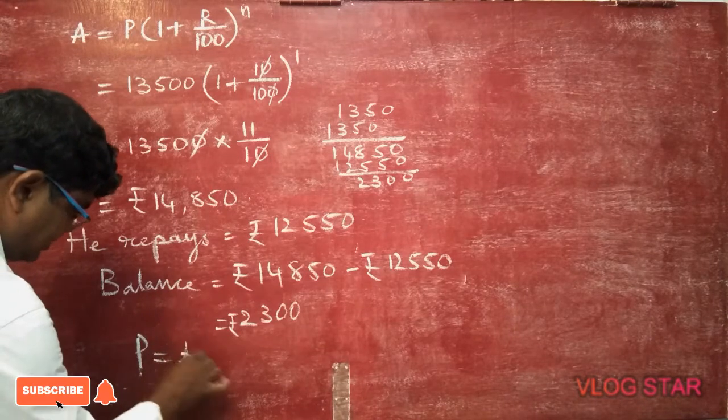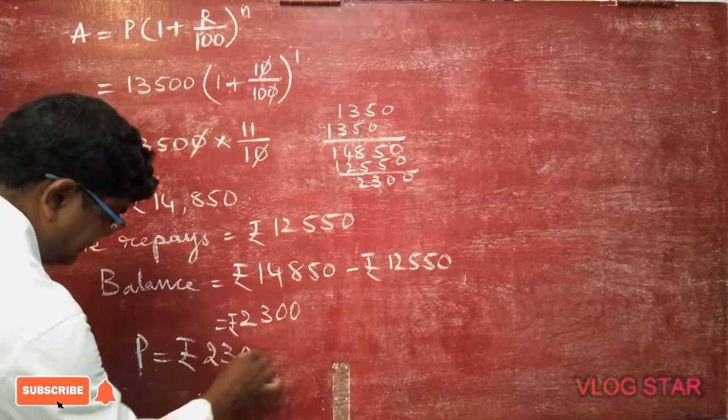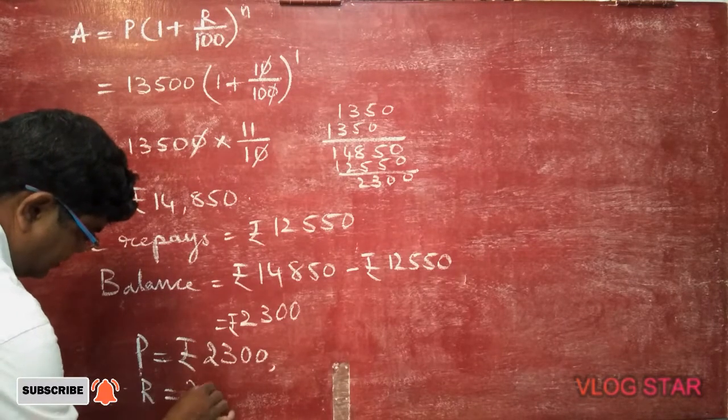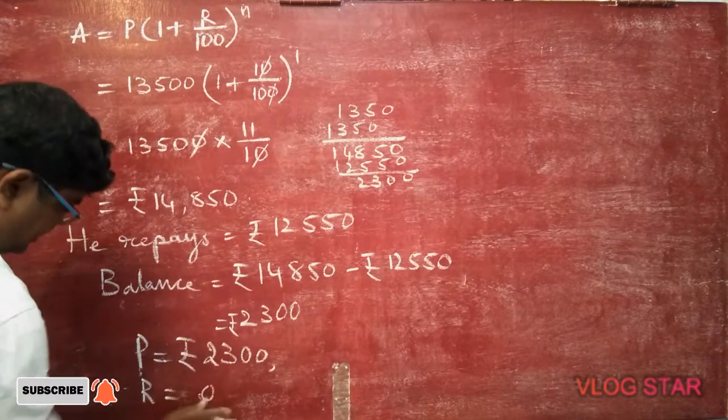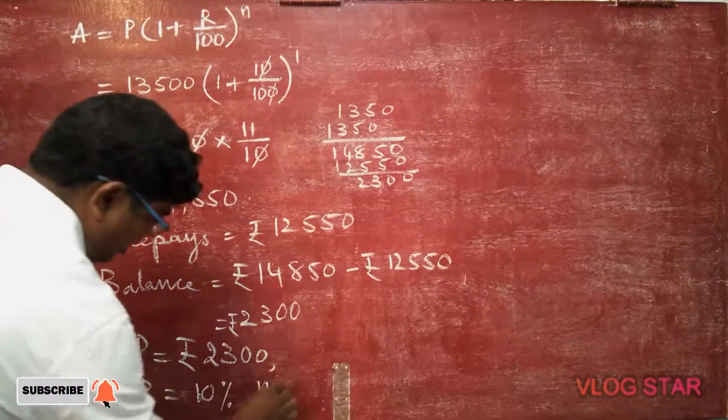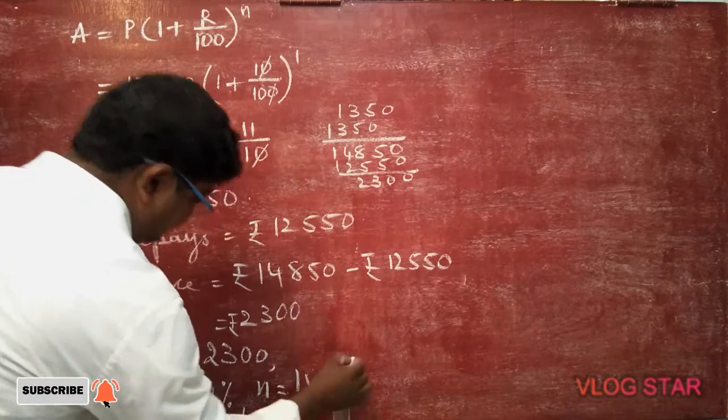Principal is 2,300. Again R is 10%, this R will not change. Same rate, and N again one more year, so 1 year, the third year.